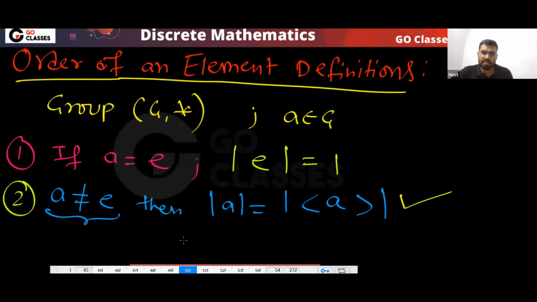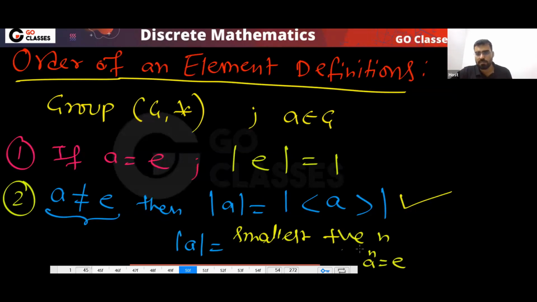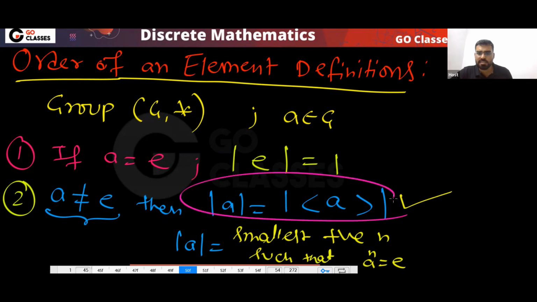And another definition is: order of A is the smallest positive n such that A power n is equal to E. These two definitions are the same, so you can apply either definition. Both are same.